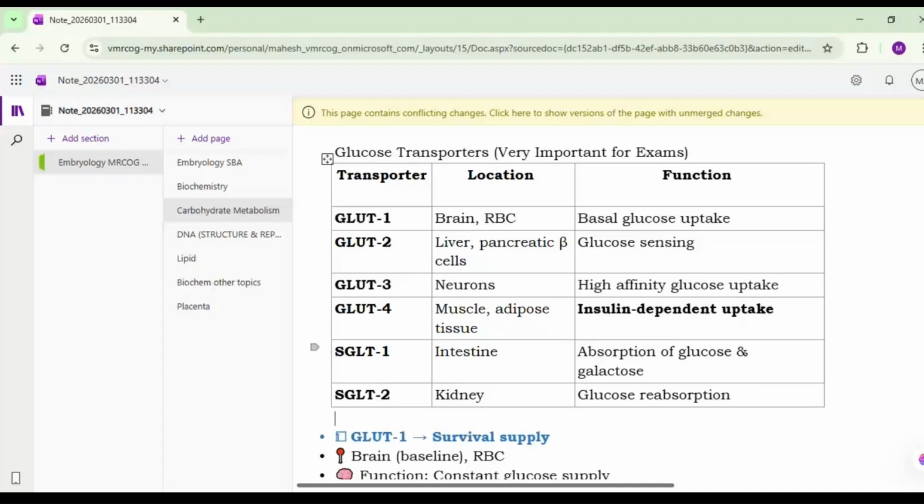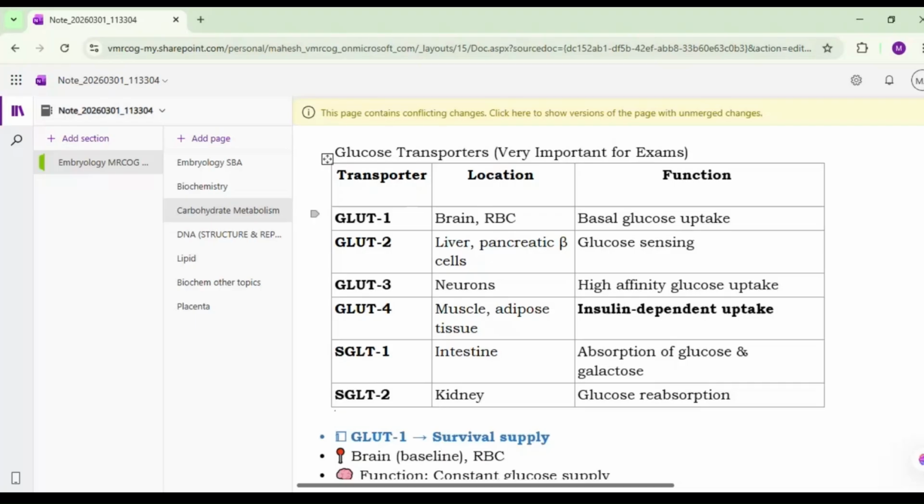Then you have SGLT1 and SGLT2. SGLT1 we have just seen, it is present in the intestine. It is responsible for absorption of glucose and galactose, and SGLT2 is present in the kidneys. It is responsible for the reabsorption of glucose in the kidneys. So GLUT1, GLUT2, GLUT3, GLUT4, SGLT1 and SGLT2, you should be able to remember.